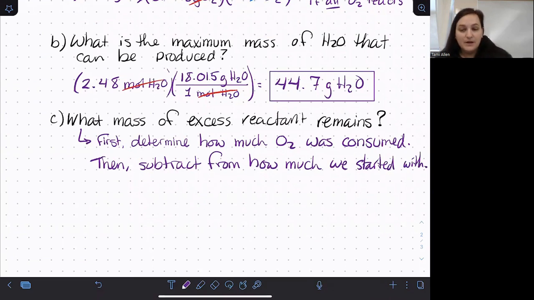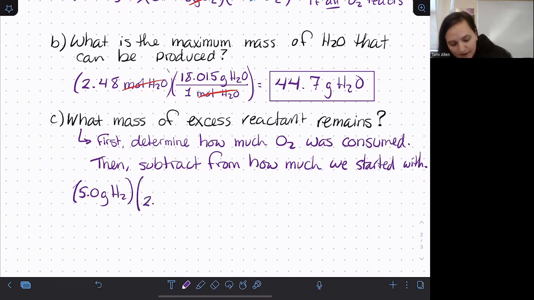So determining how much was consumed is a stoichiometry problem we've done before. We're just converting mass of H2 into how much O2 needs to react with that. So since we know that hydrogen is our limiting reactant, we know that all 5 grams of that is going to be consumed. All of that is going to react.